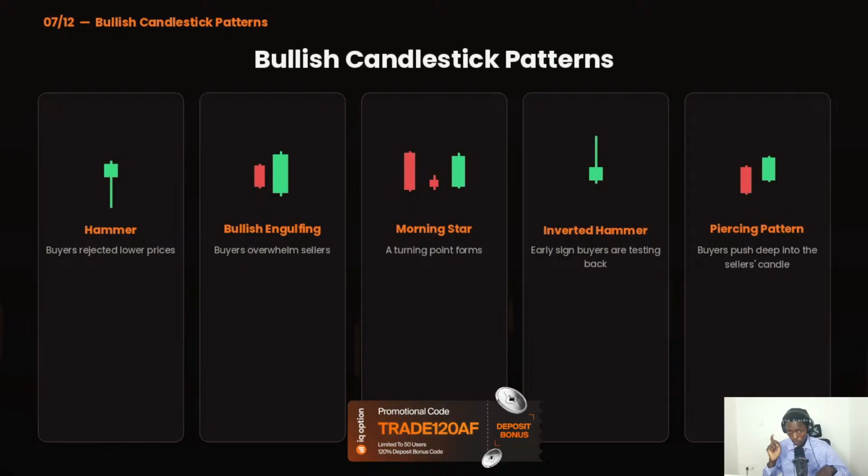Of course, you can see that we have a hammer, and a hammer is a candlestick pattern that shows you the market has been going down. So whenever you see a hammer at a support level, then you have high conviction that you can open a trade.